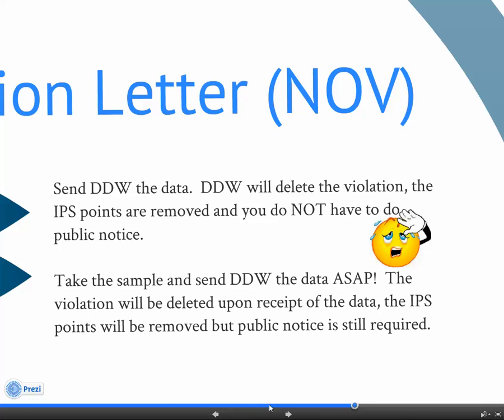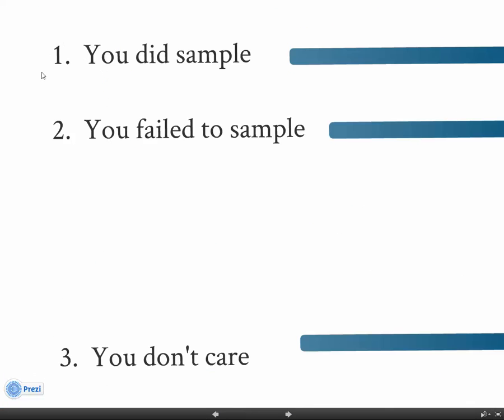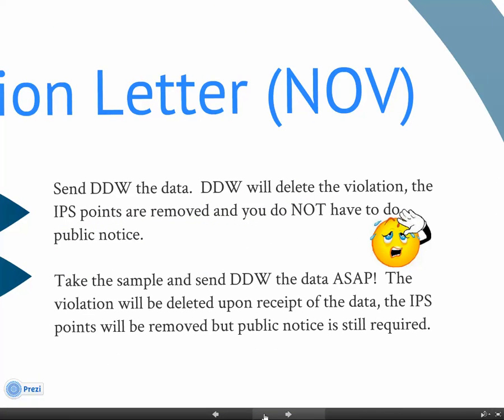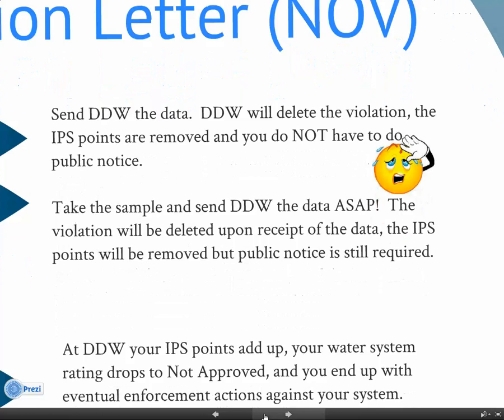The only thing is that you still have to do public notice in your consumer confidence report or other method that's due once a year because it was indeed a failure to sample. So for those two, for chemical monitoring violations, these first two are not too bad. It's fairly easy to clear these up, so it's a little bit of a relief.